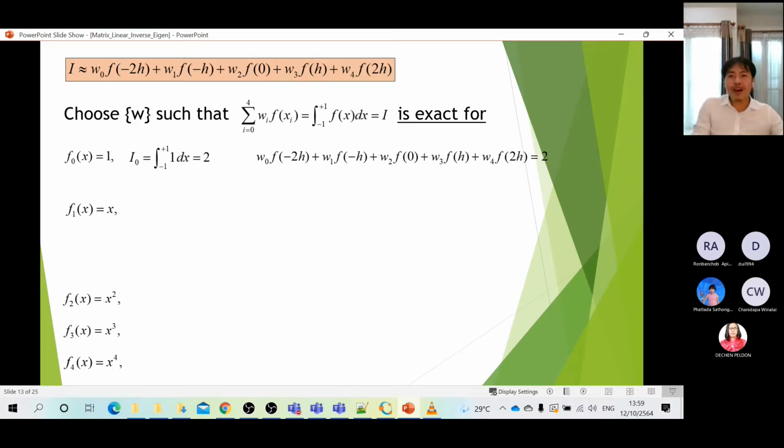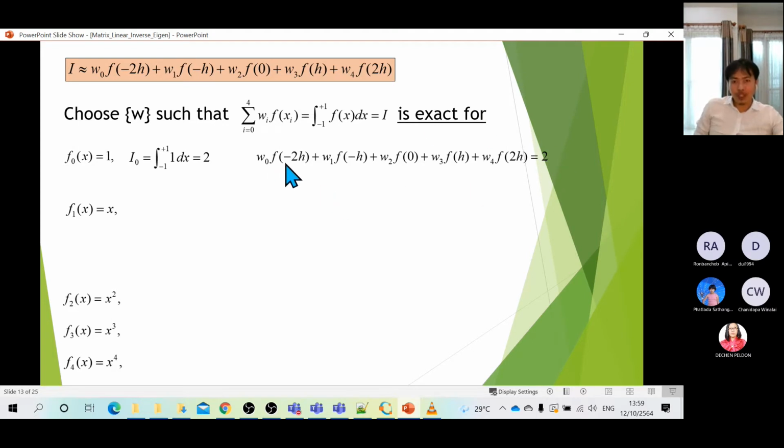If I do the quadrature, I simply sample the function at this point, and that point, then multiply by my weight. It should be equal to 2, because the condition is that we get the exact answer for this case.